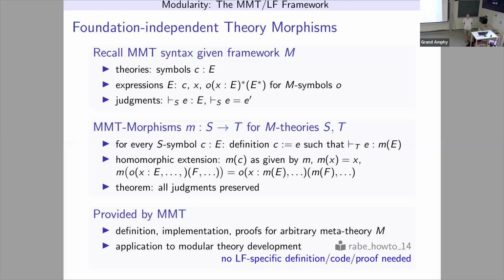Because every nicely designed system usually admits theory morphisms in a very straightforward way, and because of that, we can define them generically at the LF level for every logic formalized in LF. And even more generally, we can define them generically at the MMT level, for every kind of language that could be implemented in it. That's the main theoretical result about MMT seen as a formal system.